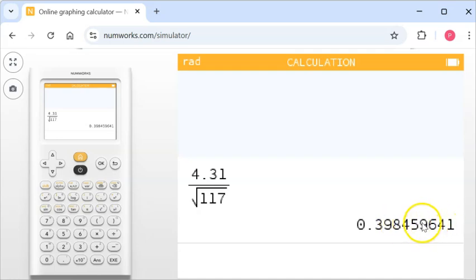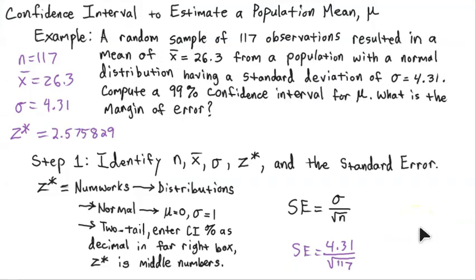This 6 makes this 9 a 10, and 10 means this 5 becomes a 6. So it's actually 0.39846. So standard error is going to be 0.39846. Okay? All right, that's it for step 1. Let's move on to step 2.